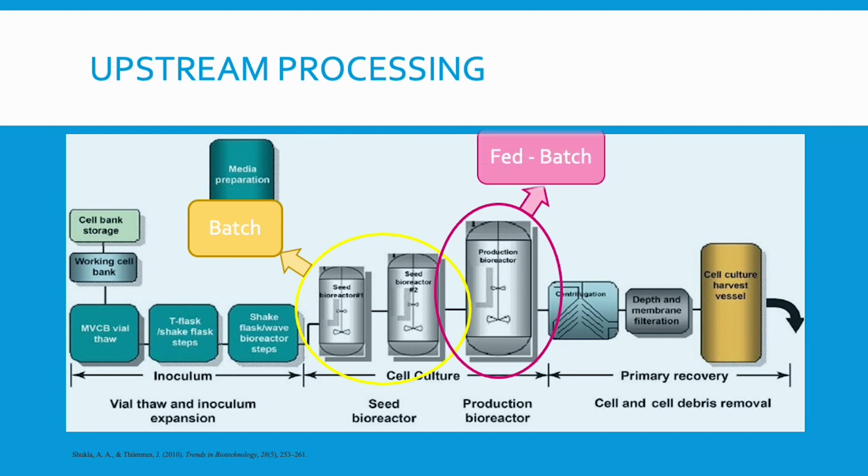While production bioreactors are run either using fed batch mode, where nutrients are fed at certain intervals throughout the cell culture duration, or perfusion mode, known as continuous culture, where media is added continuously while removing the spent medium that contains the product and cells. These two modes of operation can increase culture longevity, which then increases the yield per batch. The typical duration of a fed batch is between 14 to 15 days, and perfusion culture can go up to 17 days.